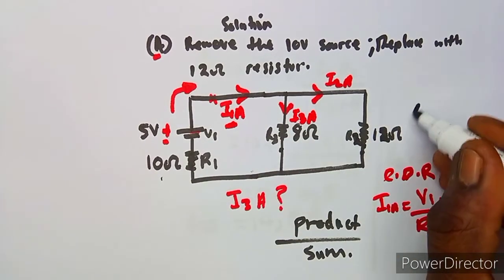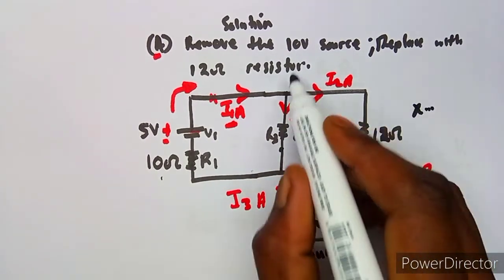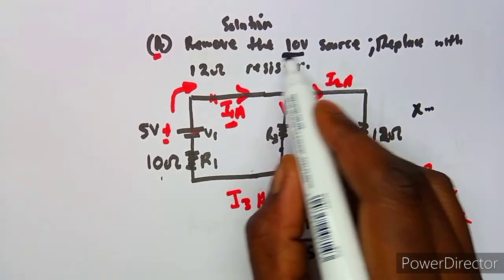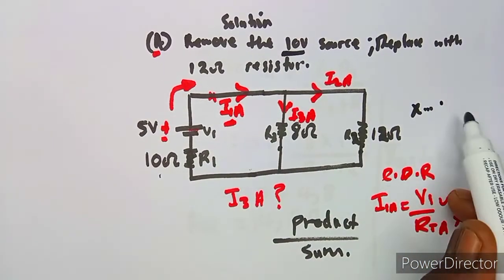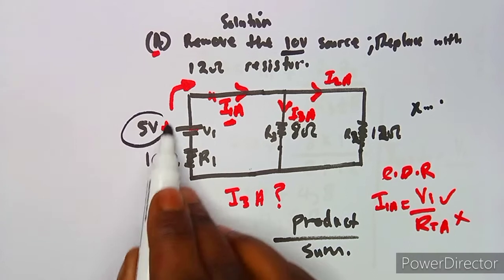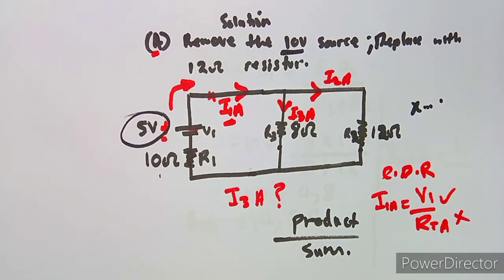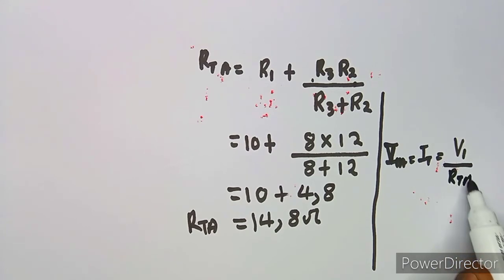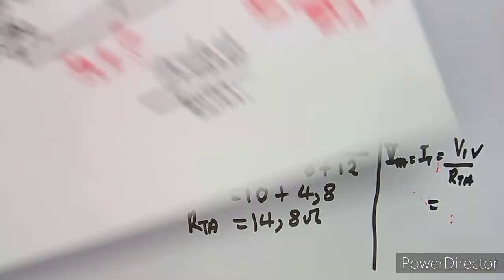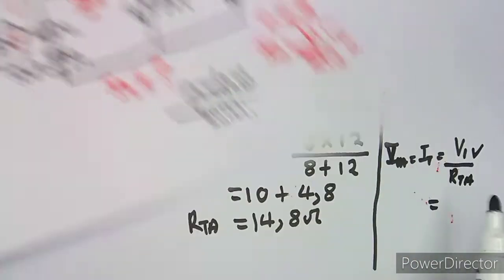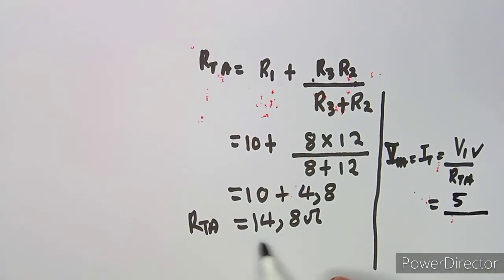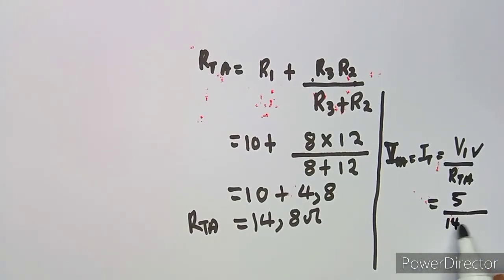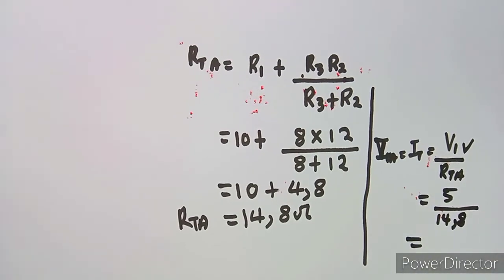We are not working with the other voltage. This one is already removed. The 10 volt is no longer there. So you are working with V1, which in this case is 5 over the total resistance that you obtained there, which was 14,8.